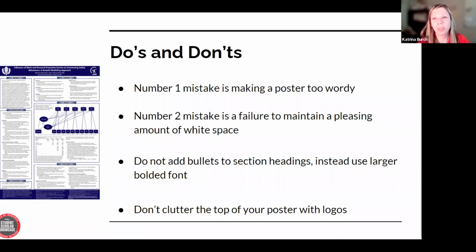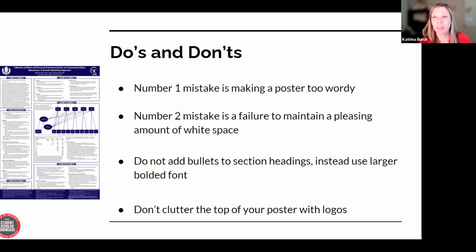Do not add bullets to section headings. Instead, you want to use larger bolded font. I tend to put my section headings in text boxes, and I've done that here on this poster. And then you want to make sure that you don't clutter the top of your poster with logos.